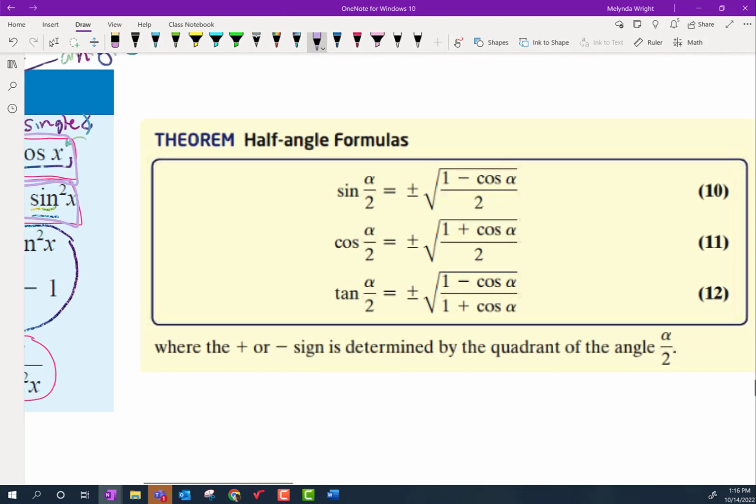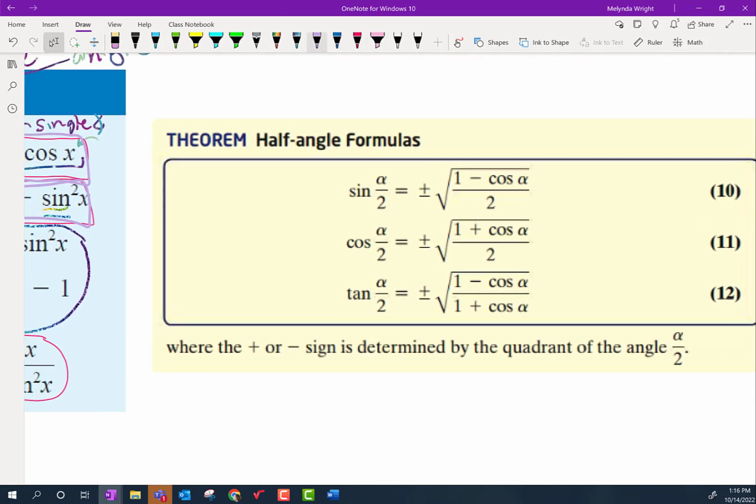So what does it mean to be a half angle formula? That means that alpha is the angle. Now that's a Greek letter alpha. If you don't really like writing alpha, you can just write A if you want to. It's just the English version of the Greek letter.